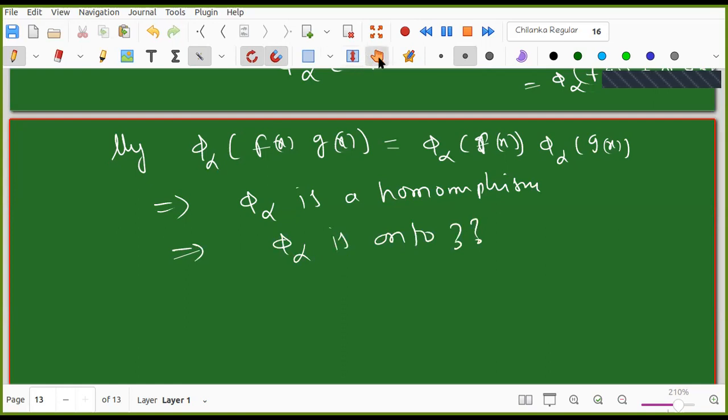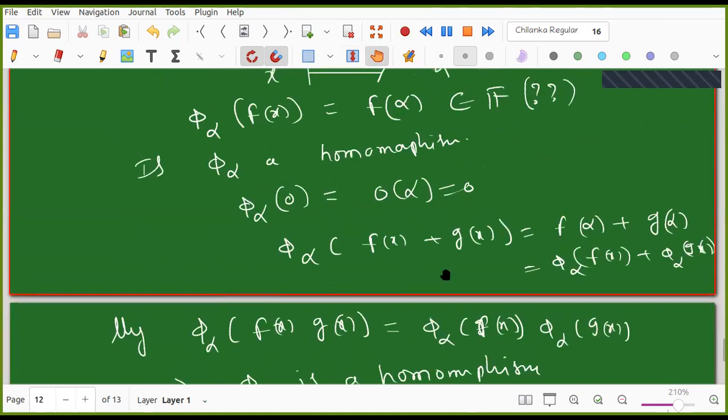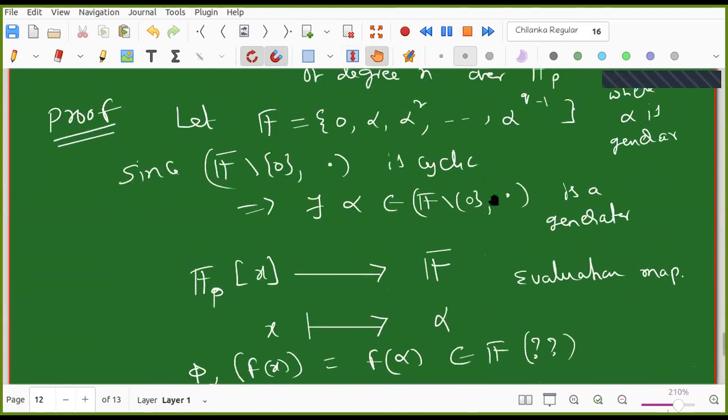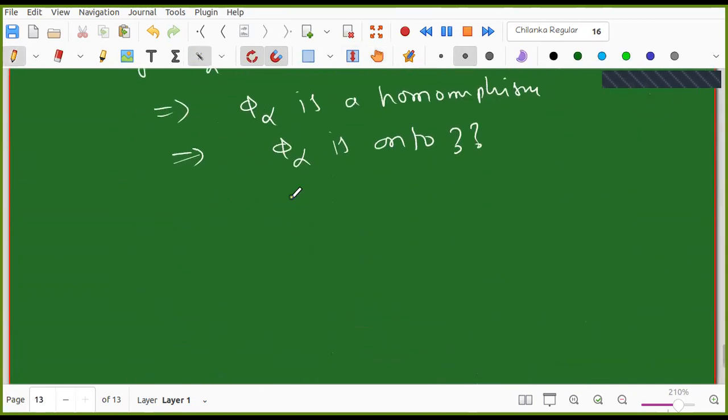Can somebody help me? Phi alpha is defined like this. Now, elements in F look like 0, alpha, alpha squared, and so on. So let y belong to F. How will it look? Of course 0 is already there, so I'm taking a non-zero element so that it will be easy.